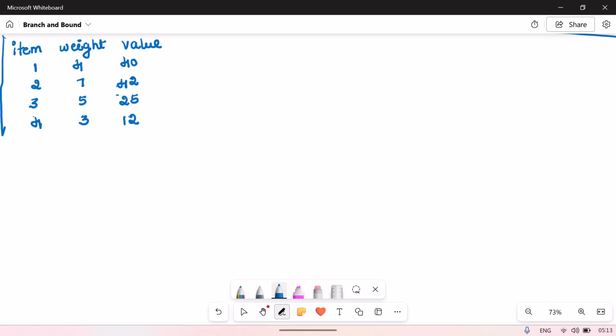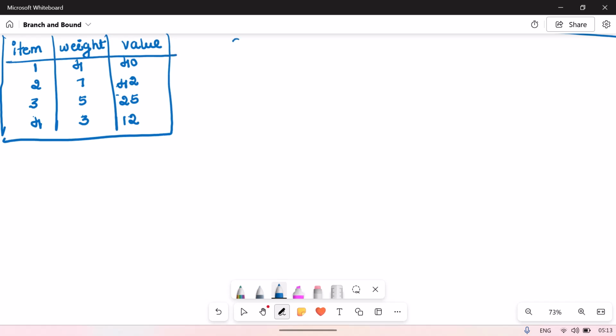This is your problem. Let us start with the solution. Step 1: arrange the items in the increasing order of their value over weight ratio.